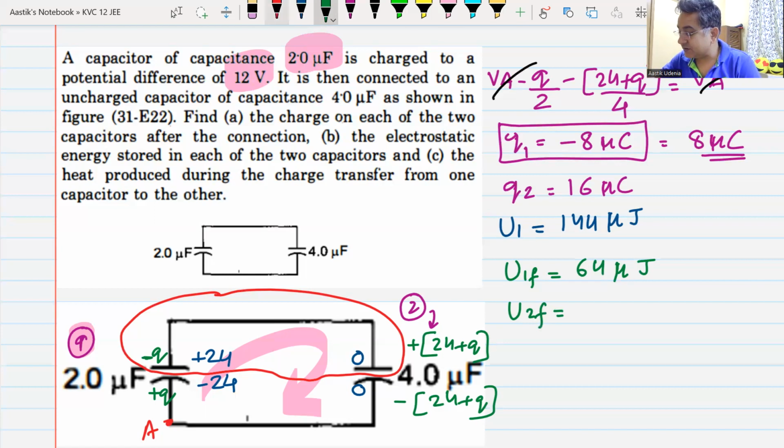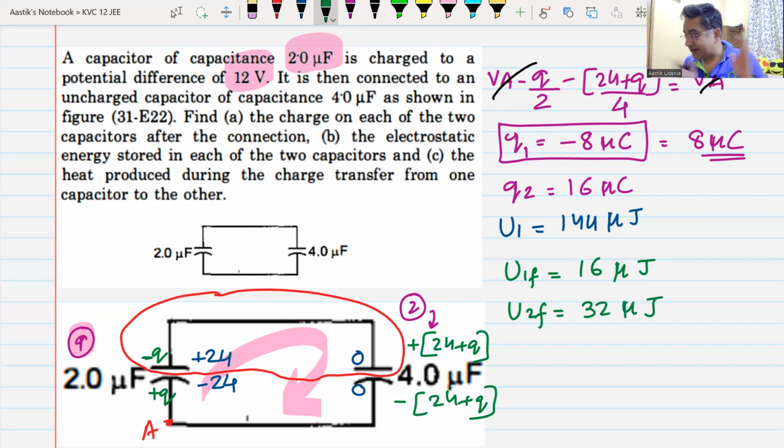No, this is not 64, this is 16. Looking at your Krantikari answers, my head has started spinning. Okay, what is the final energy stored in the second capacitor? 32, sir. Chalo, 32 microjoules.